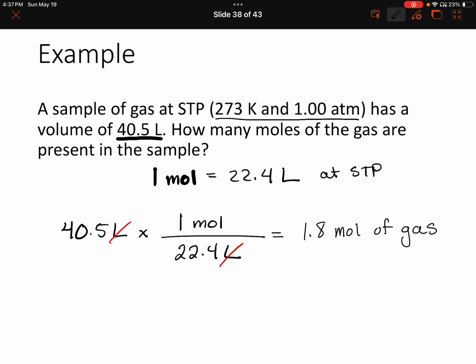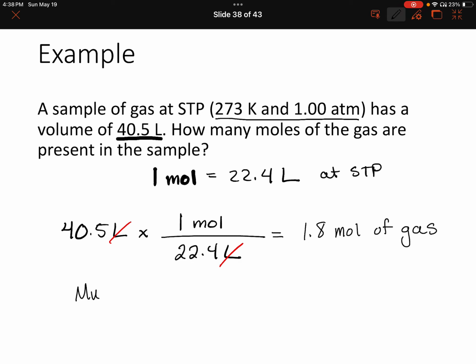So by using this equality at standard temperature and pressure, it was very easy to figure out how many moles of gas were in 40.5 liters. We didn't have to plug everything into the ideal gas law and do extra math. This was a lot easier.